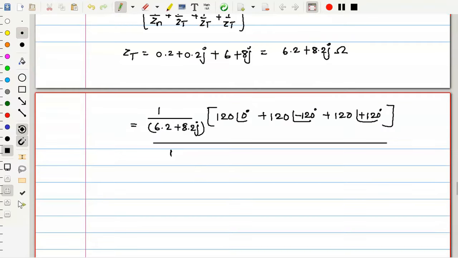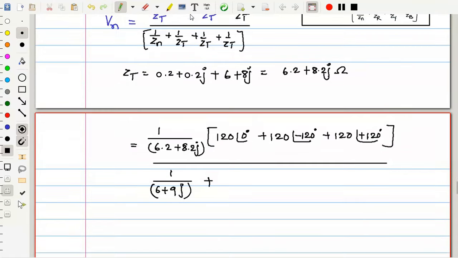So 1 by 6 plus 9j, plus these are all the same, so 3 times this. 1 by ZT plus 1 by ZT plus 1 by ZT is 3 by ZT. So I'll write directly 3 by ZT, which is 6.2 plus 8.2j. Now calculate this and tell me how much is the VN.